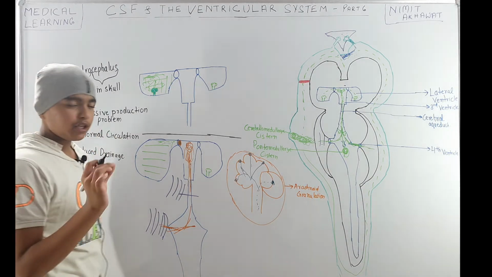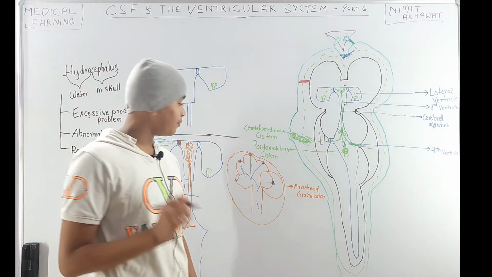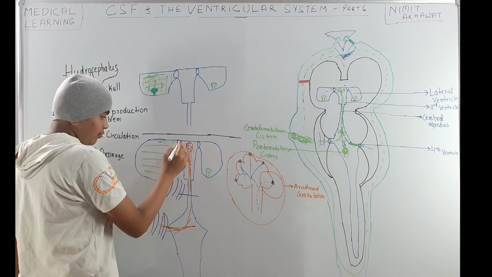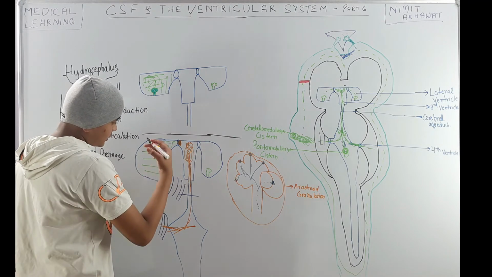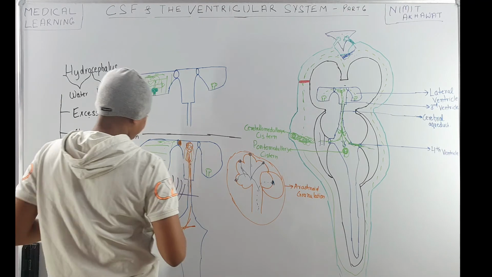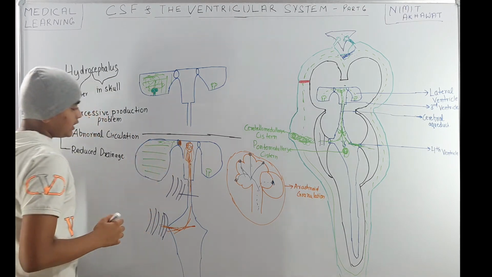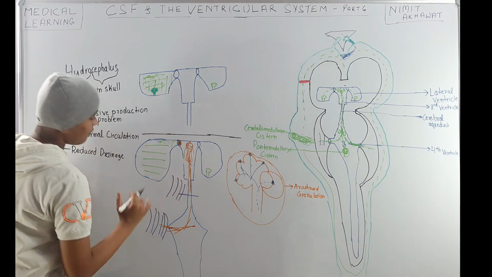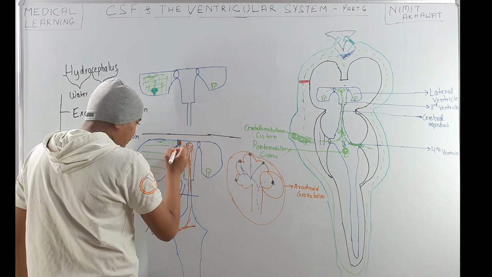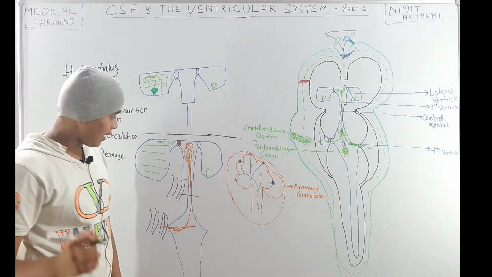The first major point of abnormal circulation is blockage in the foramen of Monro. If the foramen of Monro is blocked, then it will not allow cerebrospinal fluid to enter the third ventricle. And CSF is filled in the lateral ventricle, which causes excessive expansion of the lateral ventricle, and the brain substance present around the lateral ventricle is compressed and damaged.